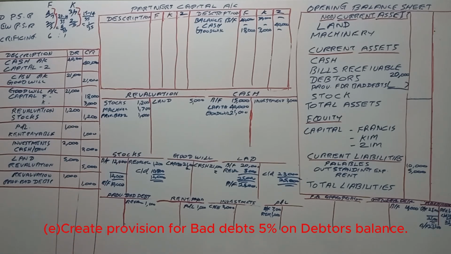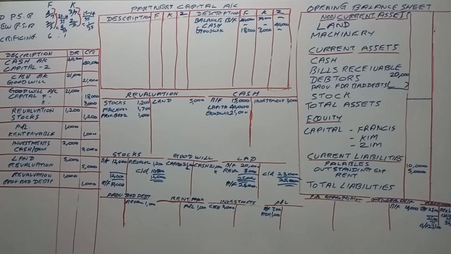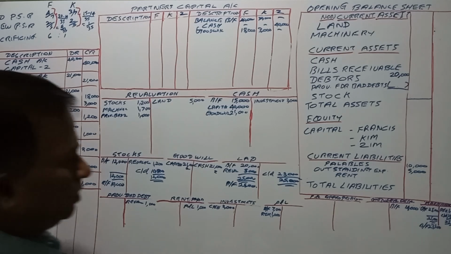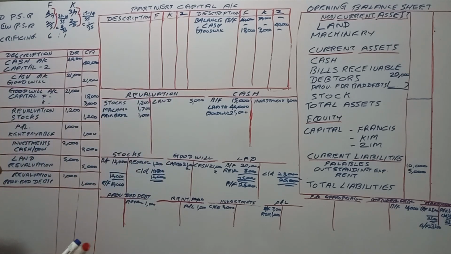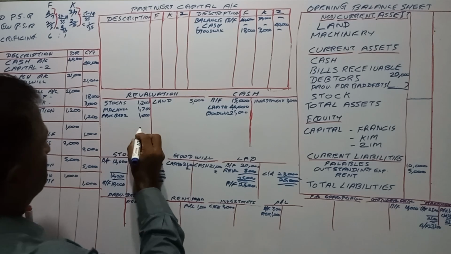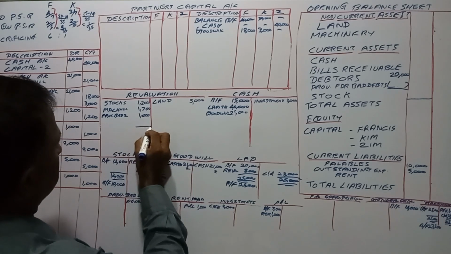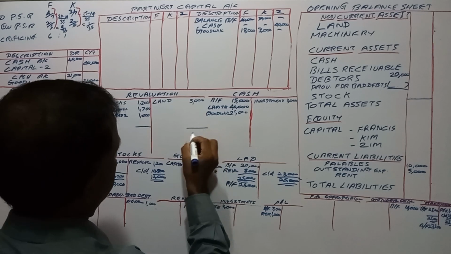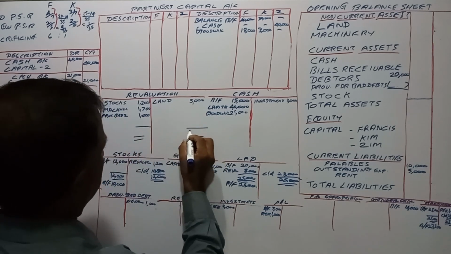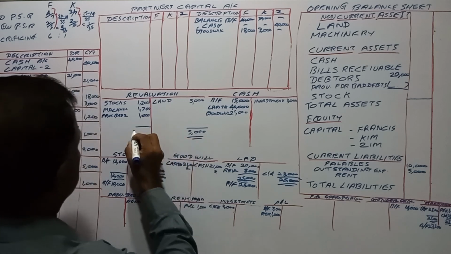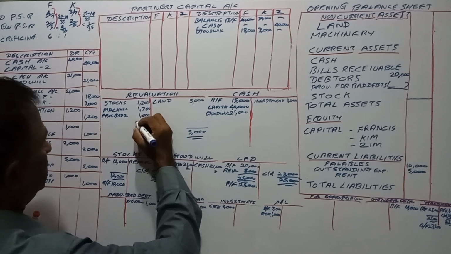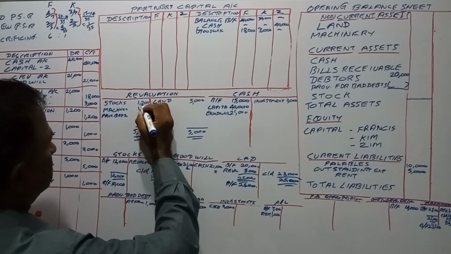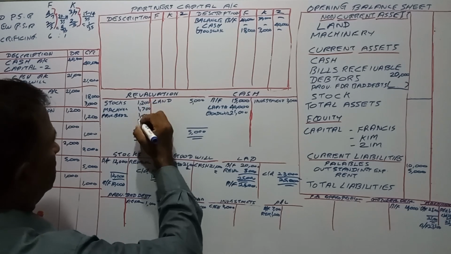So all the adjustments we have finished, right? So we had to balance the amounts on the revaluation account. 5,000, 5,000, 3,900, right? 3,900.